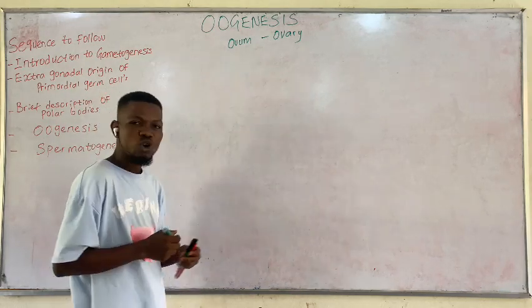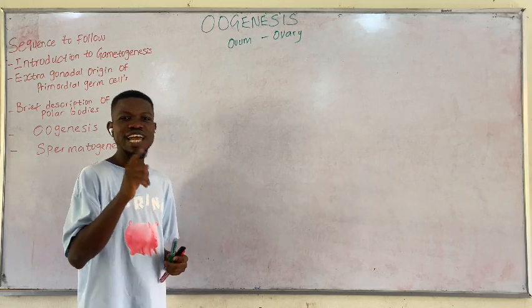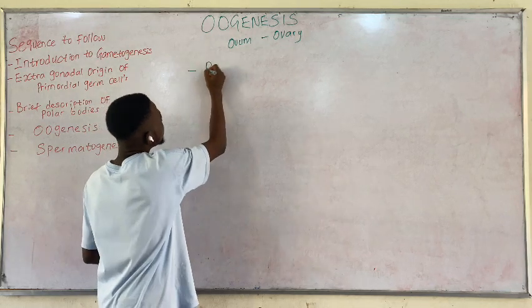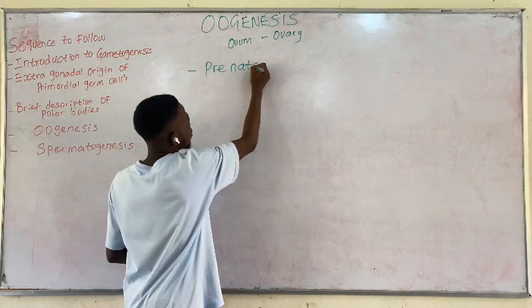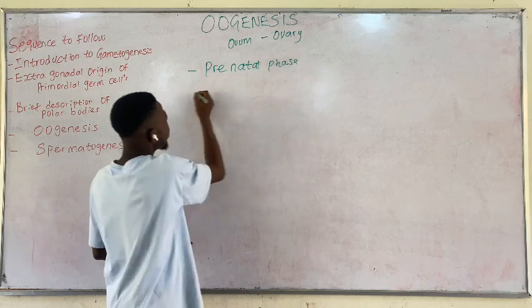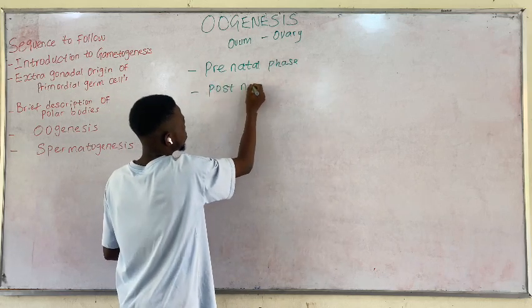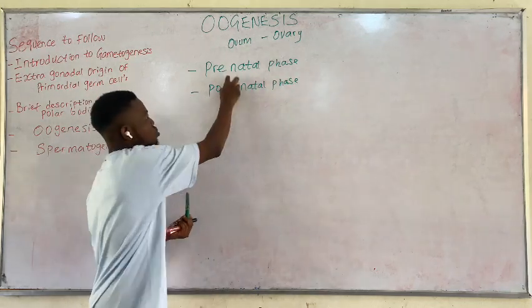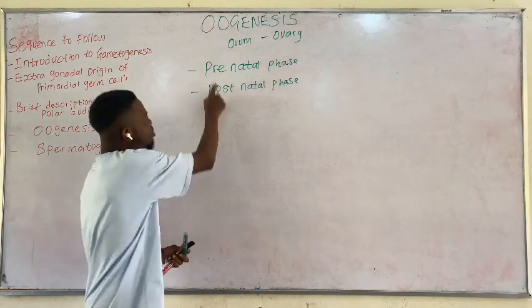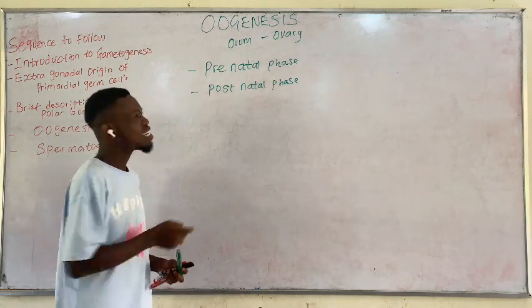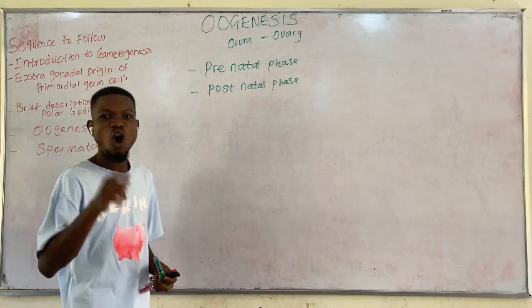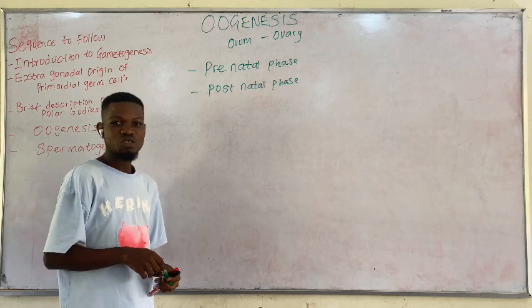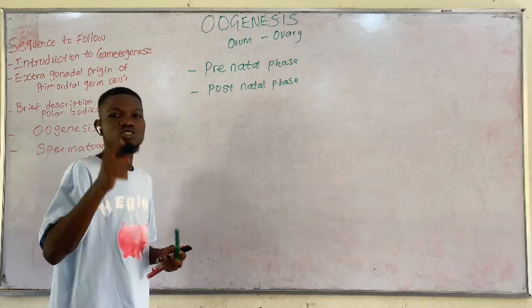Oogenesis is divided into two developmental phases: a prenatal phase and a postnatal phase. Natal means birth, so prenatal means before birth. It means that the process of oogenesis in the female occurs before birth, when the female is within the womb of the mother, in intrauterine life.